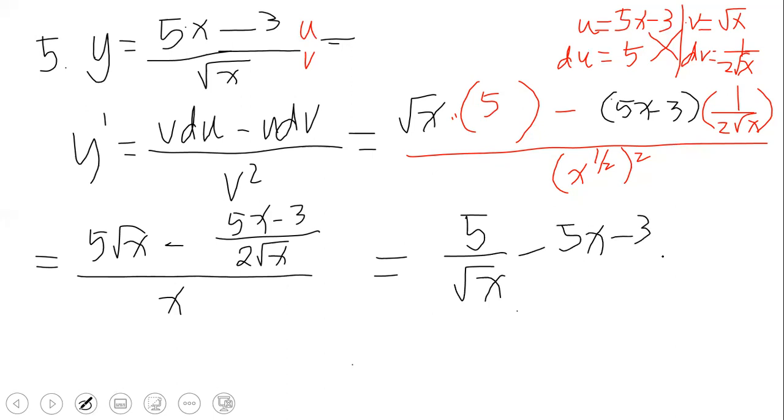Then, since meron kang x sa ilalim, so it will treat as your reciprocal. So, ibig sabihin magiging 2x square root of x. So it will look like this. So 2x raised to 3 halves, or pwede kong isulat 2x square root of x. Nakaganyan siya.